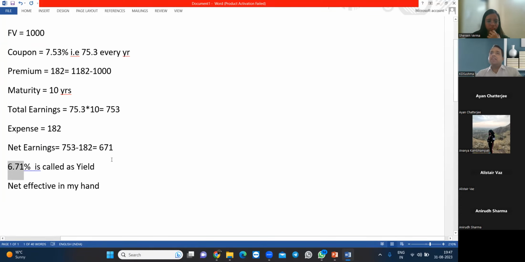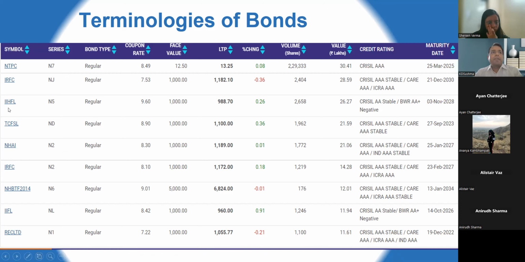In most cases, yield is lower. In a few cases, yield goes higher, where your bond starts trading at a discount. Like the example over here, IIHFL's last traded price is 988.7. Face value is 1,000. If you buy this bond at 988.7 and at the time of maturity you submit this bond to the issuing corporate, you will get back 1,000 rupees.